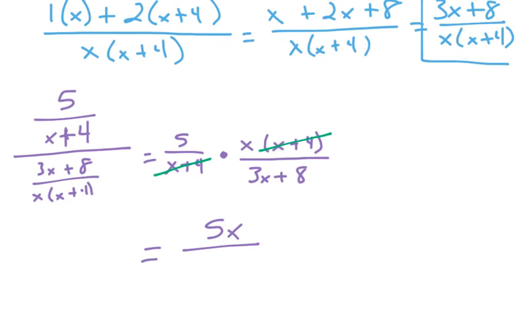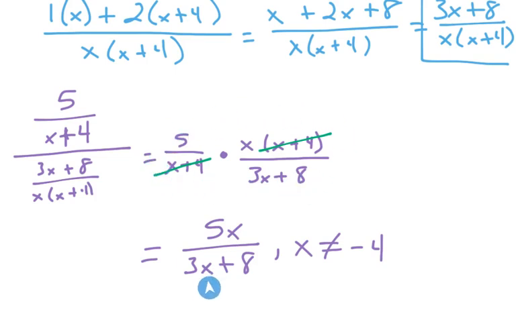On the bottom I've got 3x plus 8, but then I do have to remember my excluded values. I did get rid of an x plus 4 on both sides, which means I need to list negative 4. X cannot be equal to negative 4, because negative 4 in my original expression would not have worked.